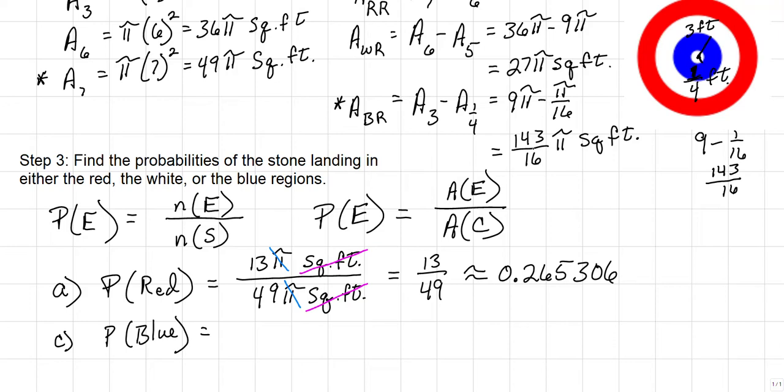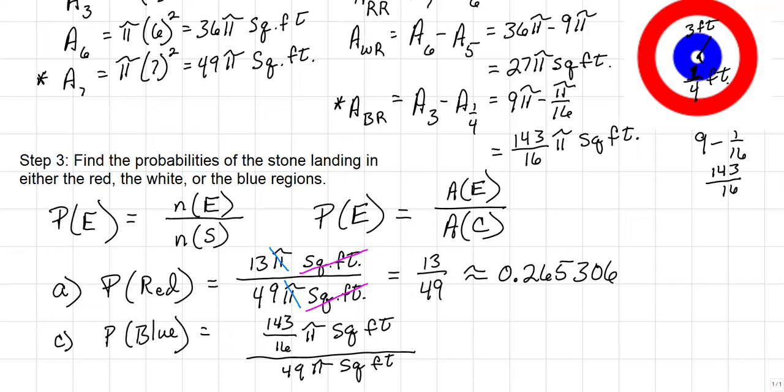And that's going to be 143 over 16 pi square feet, over the entire area of the circle, which was 49 pi square feet.